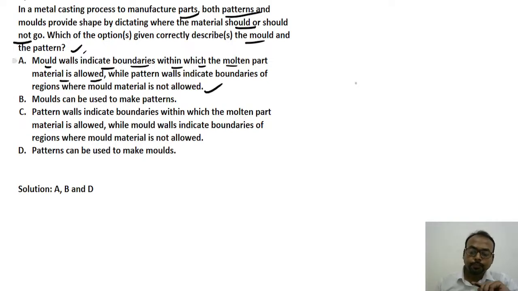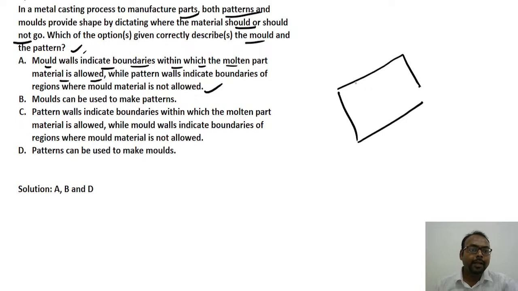So you see that in option number one, mold walls indicate boundaries within which the molten part material is allowed. Yes, we know that in the case of casting, we use one mold, and inside of that we place one pattern.